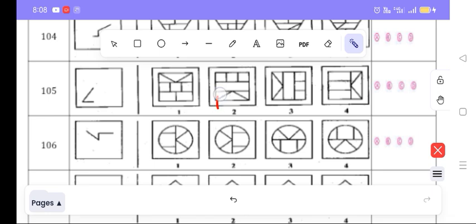In B also you can find such lines, but you cannot choose that one. In C, the slant line is in the same position, the horizontal line in the same position. So the answer will be option C. In the bottom left corner, in the same position, you can find those lines. In D, they are at the bottom right and oriented in the opposite direction, just like a mirror image, so don't consider D also. The right answer will be C. 105, C is the right answer.